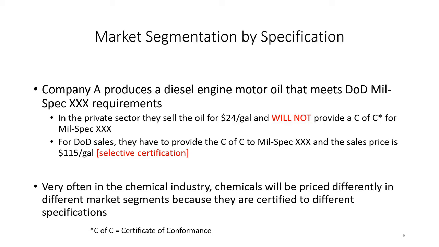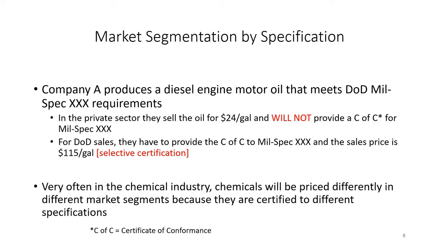This type of thing also happens very often in the chemical industry, where chemicals will be priced differently in different market segments because they are certified to different specifications. One example of that might be a chemical called calcium carbonate. It's a white solid powder. When that powder product is used in an ordinary everyday application like plaster, it's literally sold by the ton.